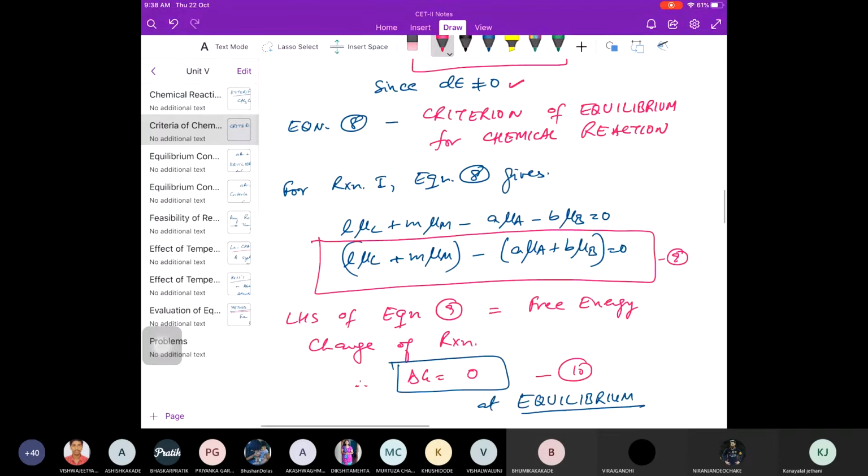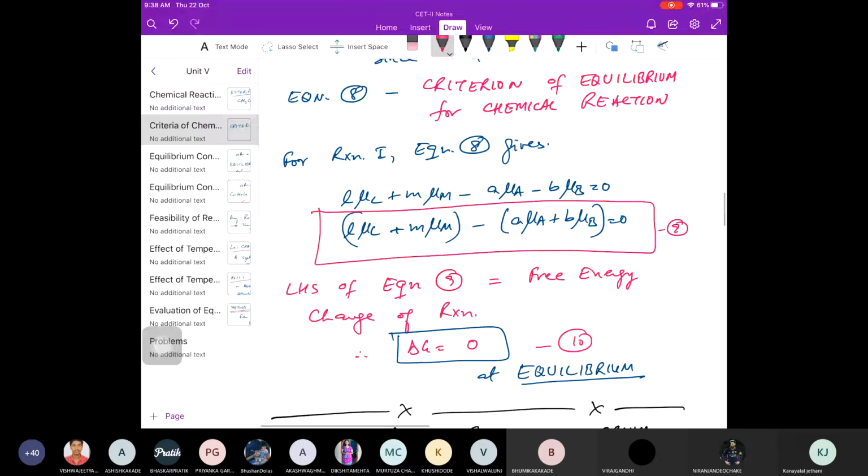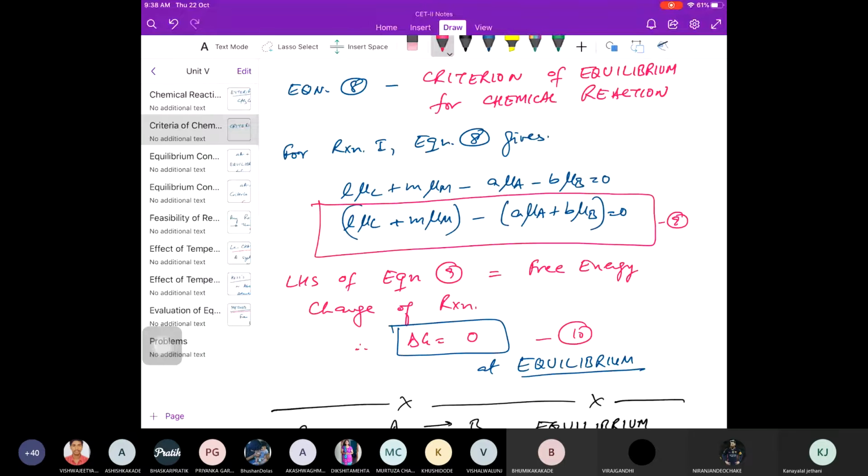Right? Or we can get equation 9 by combining these two and taking minus out. Okay. So the left hand side of equation 9 is the free energy change of reaction. Therefore, delta G is equal to 0 at equilibrium. Any questions?